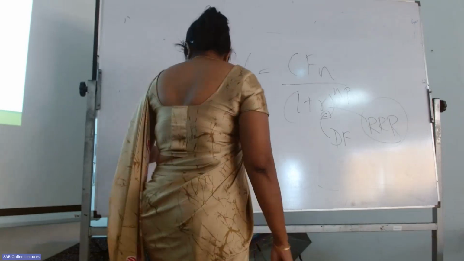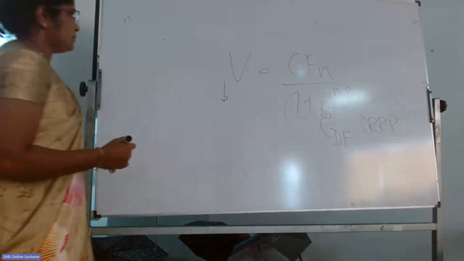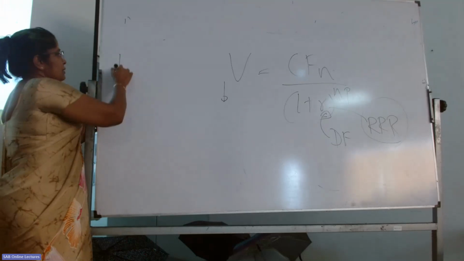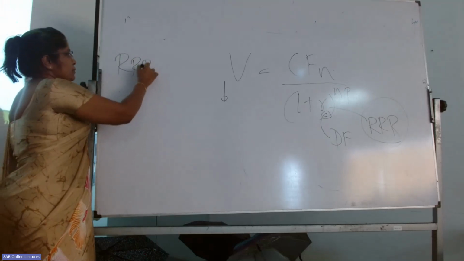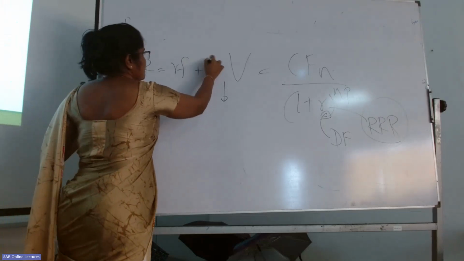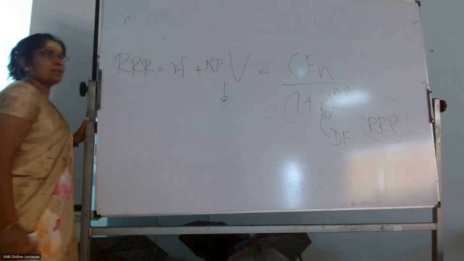Because normally, I think in the time value lesson also I told you, your required rate of return is equal, theoretically, to the risk-free rate of return plus a risk premium.